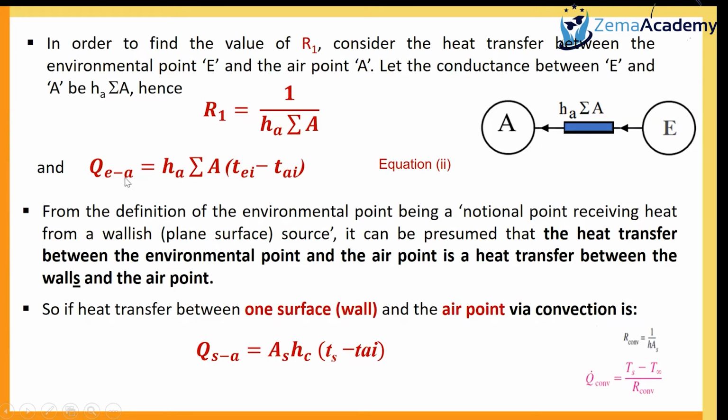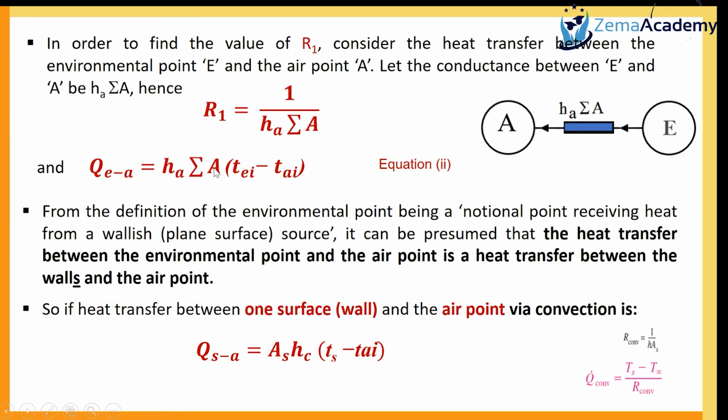So this next equation that you see over here is the convective heat transfer equation. QEA is representing the amount of heat that will be transferred from E to A. HA is the heat transfer coefficient and it's related to air.